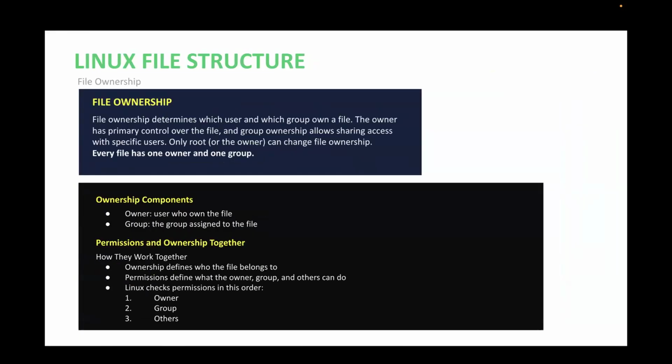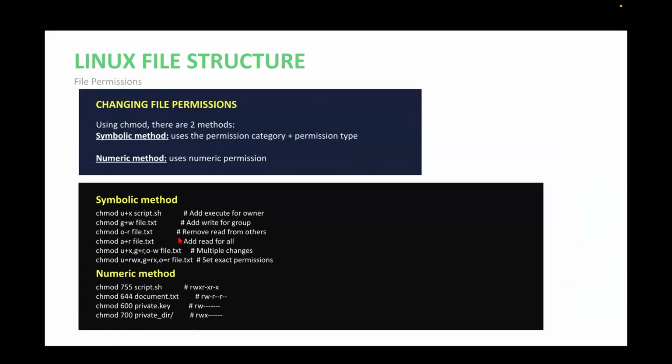Any question before I move along? Yes, so you don't need to add, like the way you were doing it with the arrow and rwx in the previous class, the operations like add, minus, or equal to when you're using the numeric? Yes, that's correct.